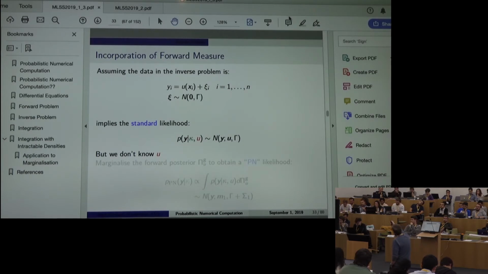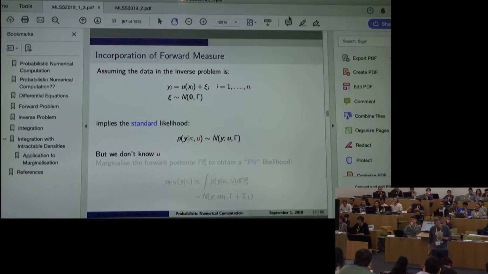So given this distributional property on the sensor error, it means that the probability of our data conditioned on our unknown function and the diffusion, in this case constant, is going to be normally distributed around about the numerical solution for U, and it's going to have a covariance structure given by the covariance structure of the error.